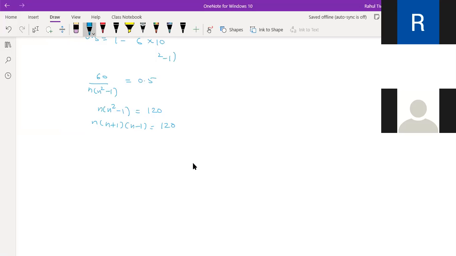When n is equal to 5, you get the answer equal to 120. Try and see: 5 into 6, 30. 30 into 4, 120. Exactly. So therefore, by trial and error, this implies that n is equal to 5.